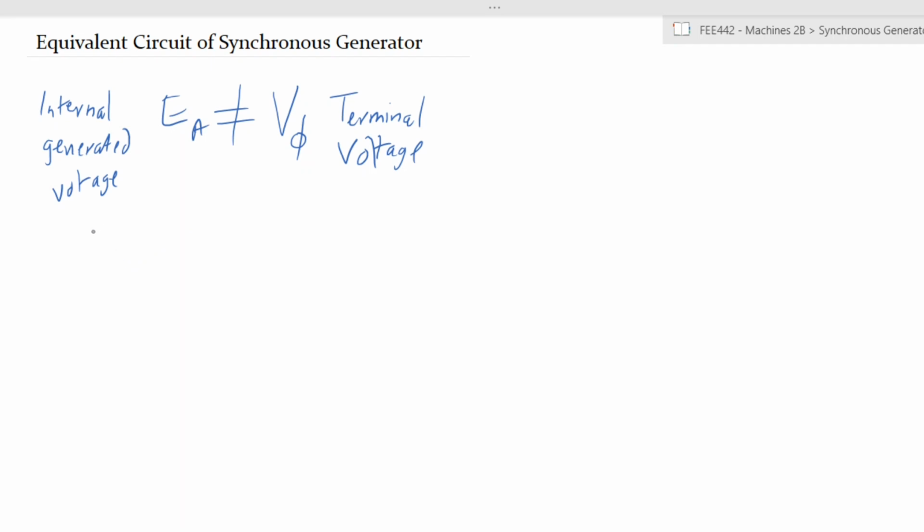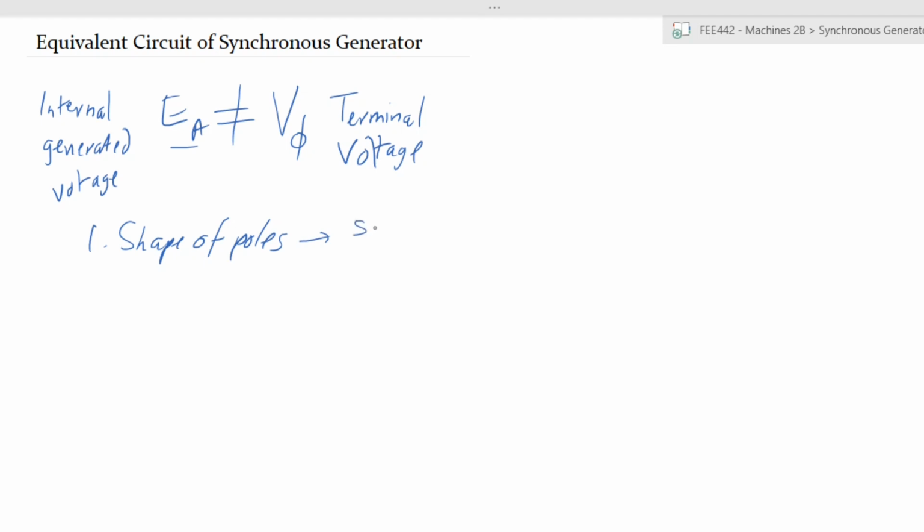There are 4 factors that determine that. Number 1 is the shape of the poles. Remember we mentioned when we were talking about the internal generated voltage, we talked of the distribution, the pitch, the form factor, and so on. Those have an impact on how the terminal voltage will be passed on to the load.